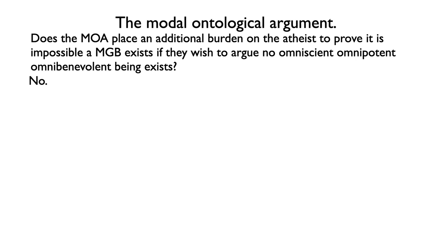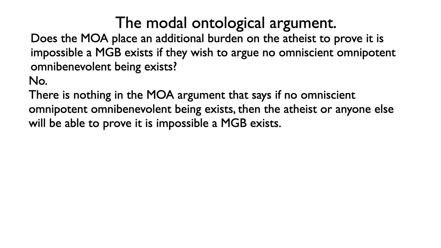And the answer is no. The ontological argument places no additional burden on the atheist or anyone else. There is nothing in the modal ontological argument that says, if no omniscient, omnipotent, omnibenevolent being exists, then the atheist or anyone else will be able to prove it is impossible or demonstrate it is impossible a max great being exists.